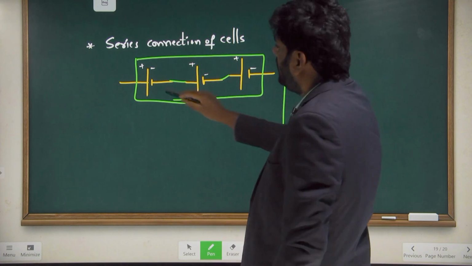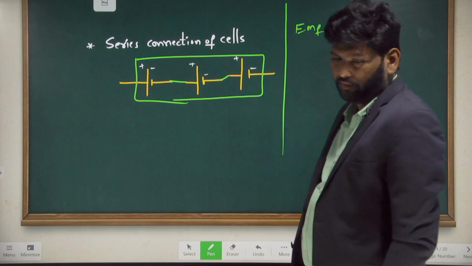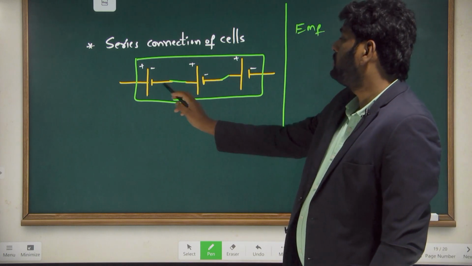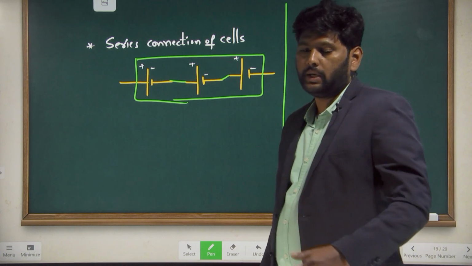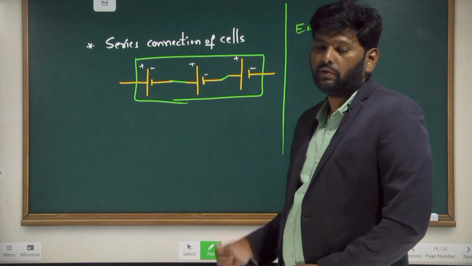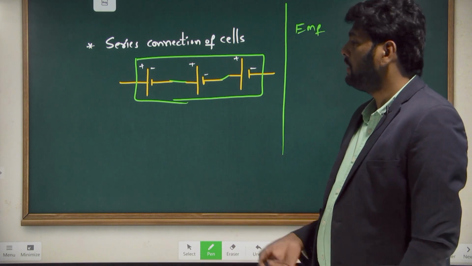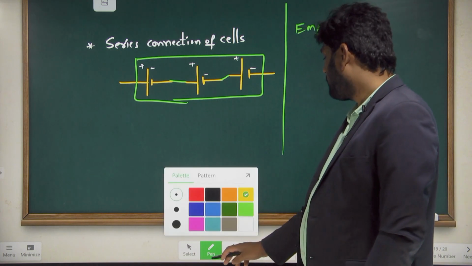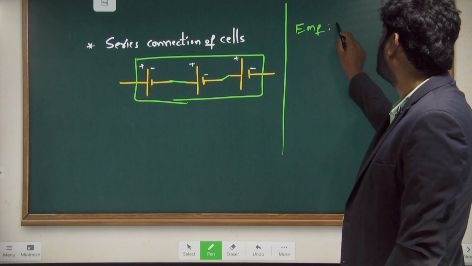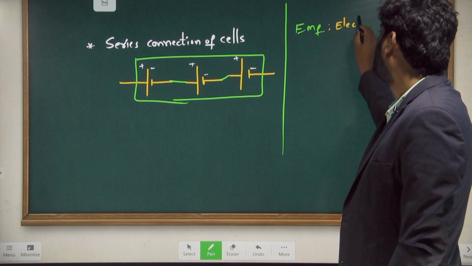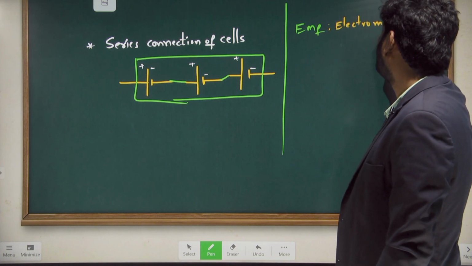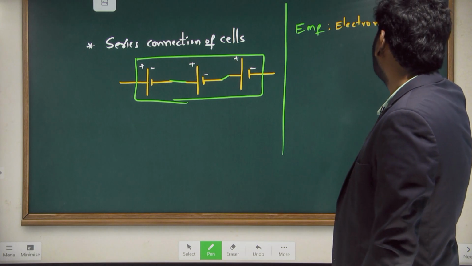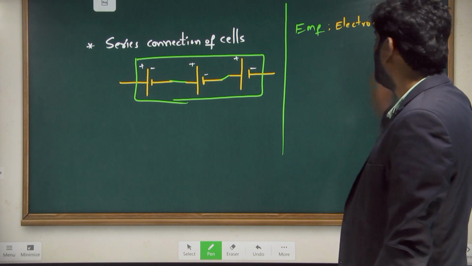Generally every cell provides EMF. If you join all the cells, you will get more EMF than a single cell's EMF. What is this EMF called? EMF is electromotive force. What is this electromotive force?